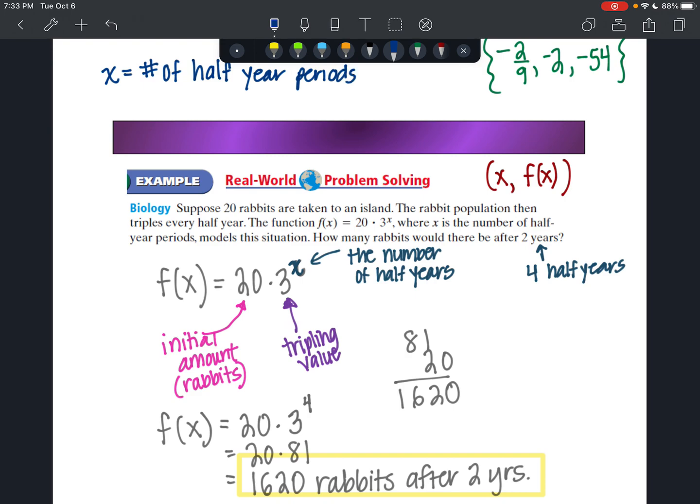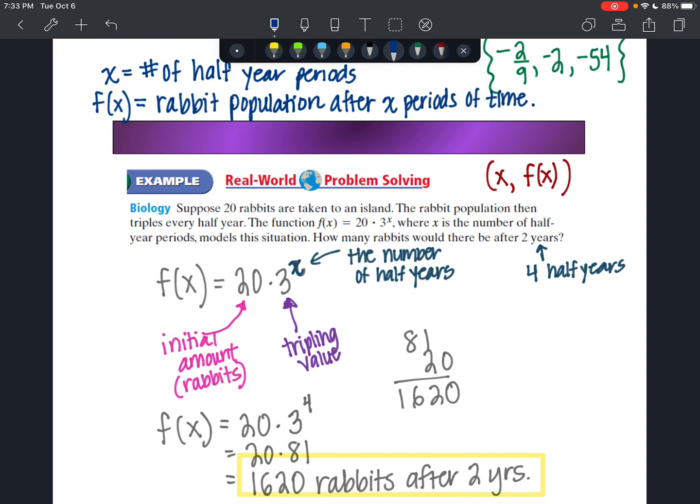And then our output that is dependent on the number of half year periods is our rabbit population. Not just the rabbit population, but the rabbit population after x periods of time. You've got that down, defining those variables.